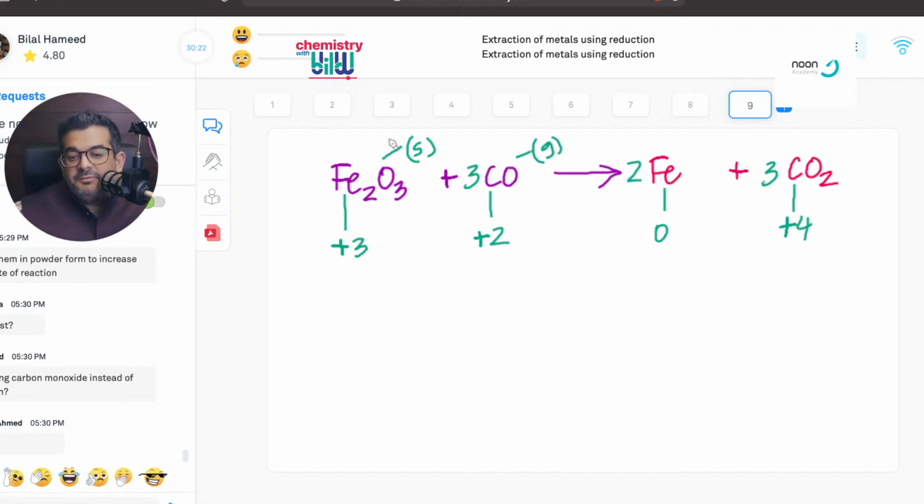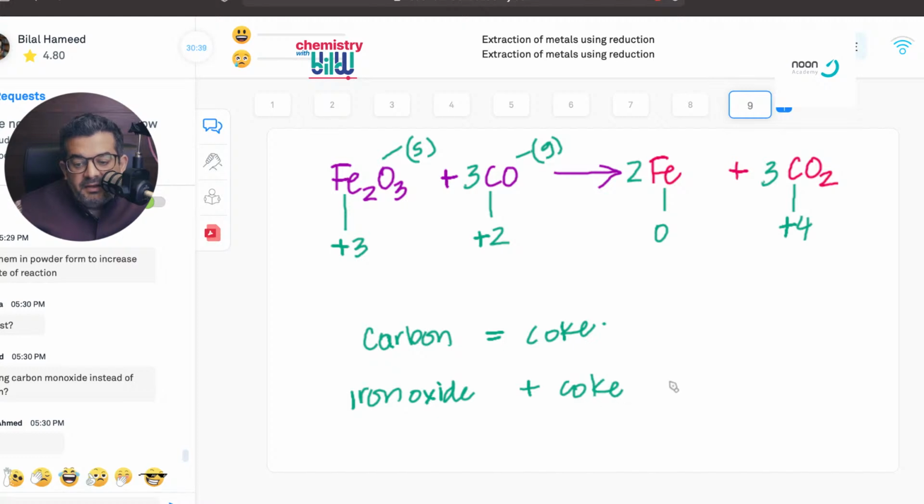So that's what happens. So industrially, idea ये था कि reduction with carbon था. Now, carbon का impure form, by the way, is also called coke. हम चाह ये रहे थे कि iron oxide plus coke becomes iron and carbon dioxide. We say extraction of iron from coke.